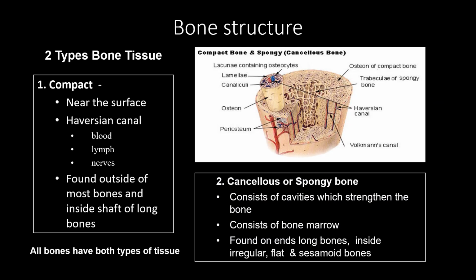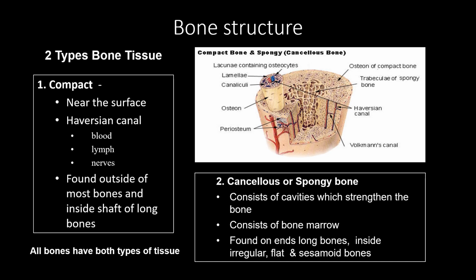So we need to talk about the bone structure. The bones are made up of osteocytes. Now, osteo, we said earlier, was the Latin name for bone, and cyte means cell. So a collection, thousands of osteocytes, makes up different types of bone tissue. And the bone has 2 types of tissue.